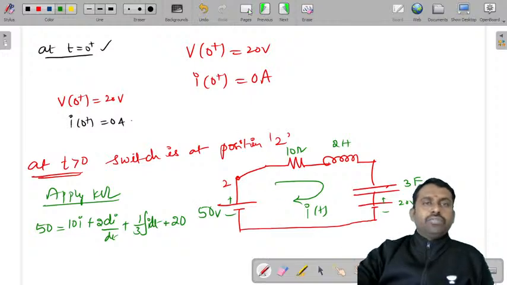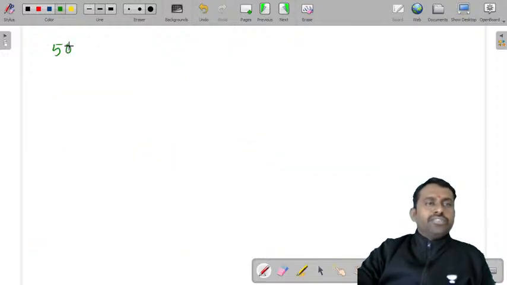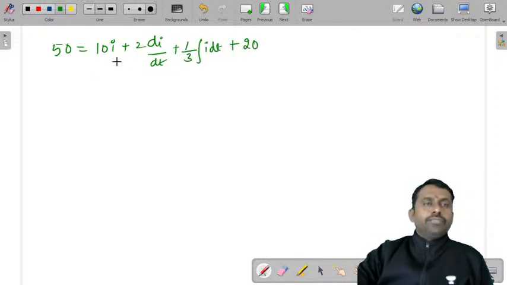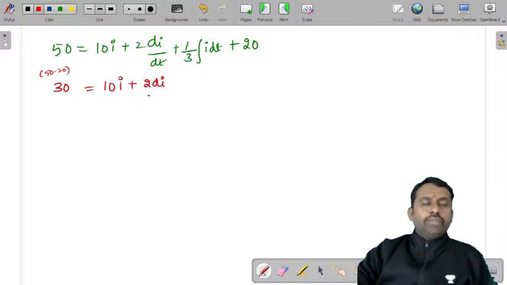So if you take 20 to the other side, 50 minus 20 is 30, is equal to 10 into I plus 2 di by dt plus 1 by C integral I dt.